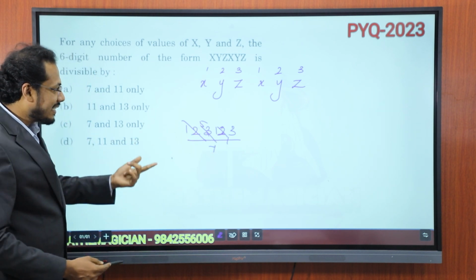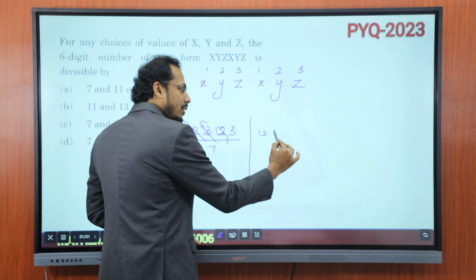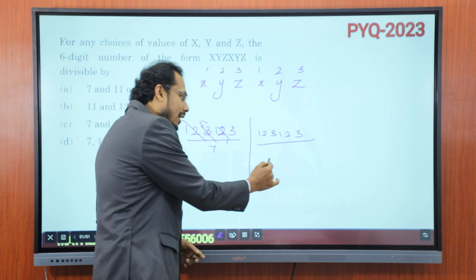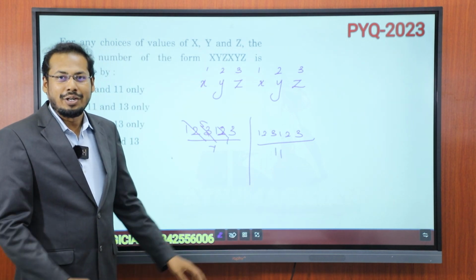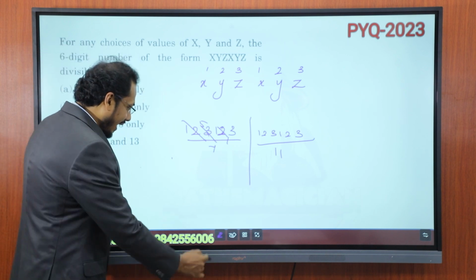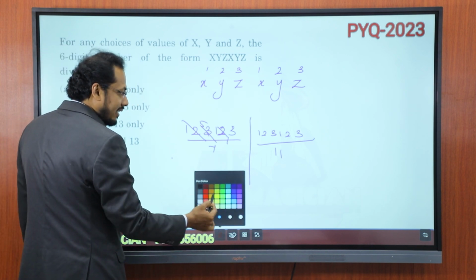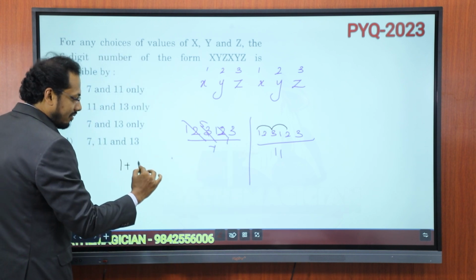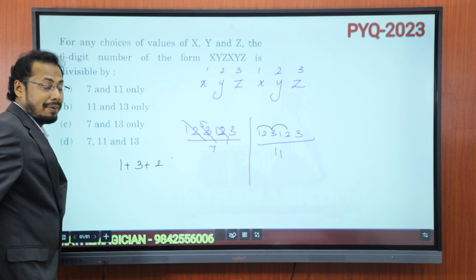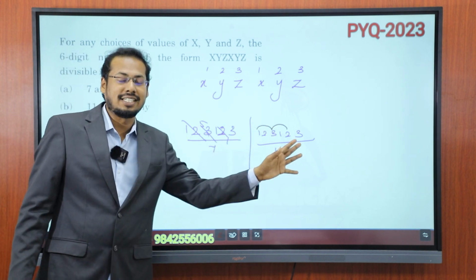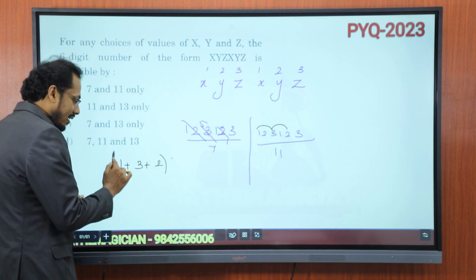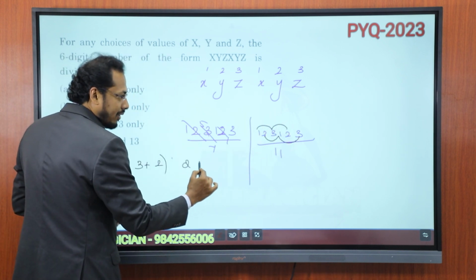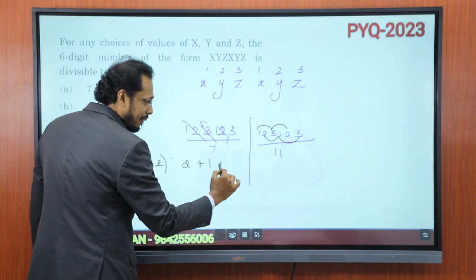Okay. Next, take this number 1, 2, 3, 1, 2, 3 and divide it by 11. For the 11 table we know the process, that is very easy. I take the alternate numbers: odd positions first, 1, 3, 2, then the even position numbers, 2, 1, 3.